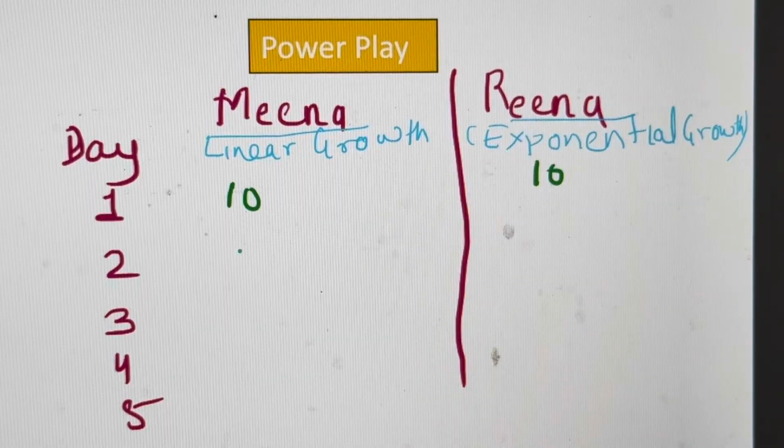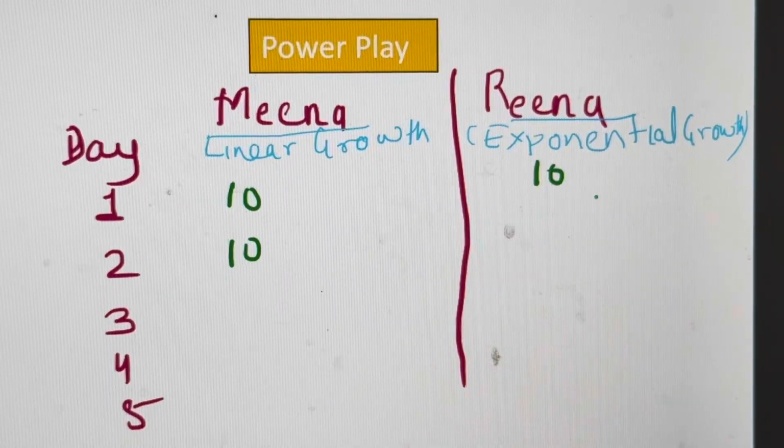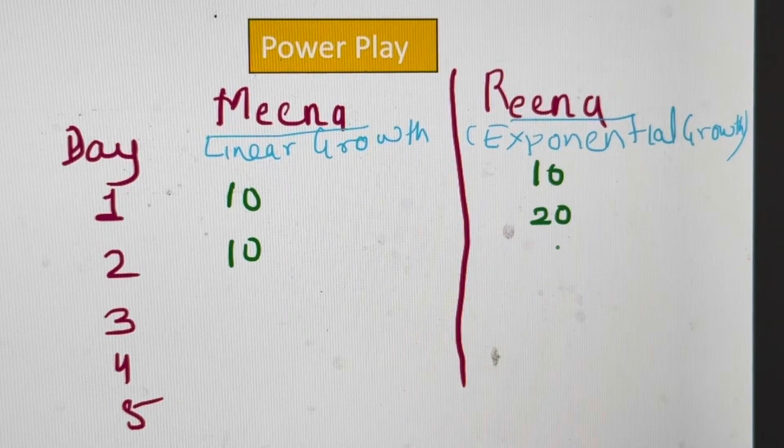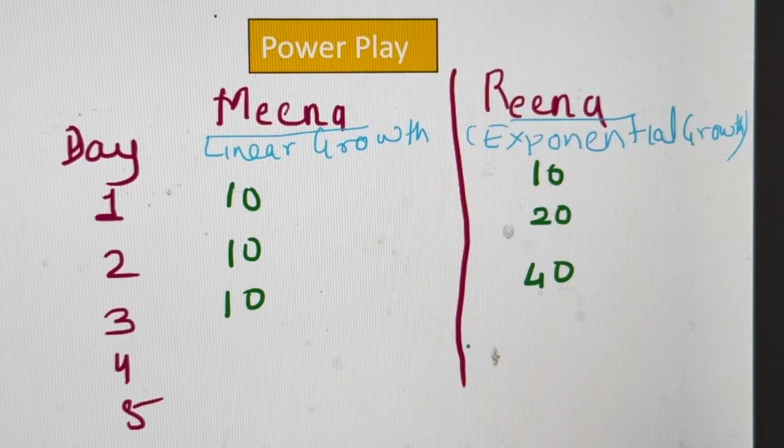Second day, Meena is putting again 10 rupees and Reena is depositing 20 rupees. Third day, Meena is depositing 10 rupees again. Reena is depositing in the exponential form, meaning double of 20. Double of 20 is 40.